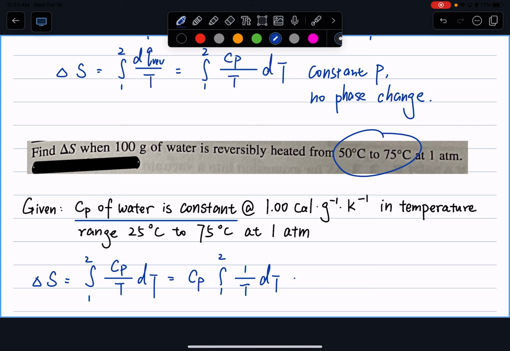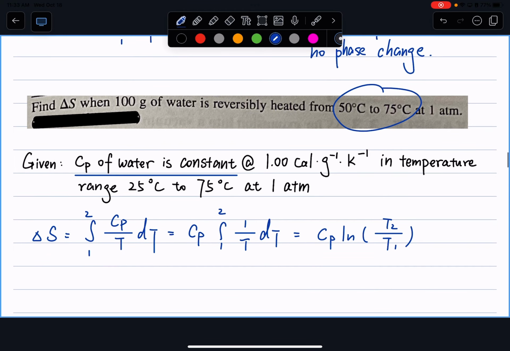Doing that integral, you get Cp ln T2 over T1. And if you think about this process, we could easily replace Cp being a constant with Cp being a function of temperature, and do the integral likewise. It's just the same logic.